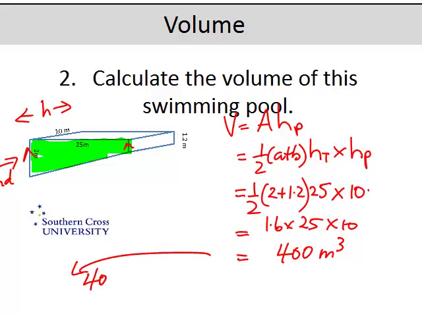That's going to be 400 kilolitres, because 1 cubic metre is the same as 1 kilolitre. Or we could also think of that as 400,000 litres, which is a lot of water.